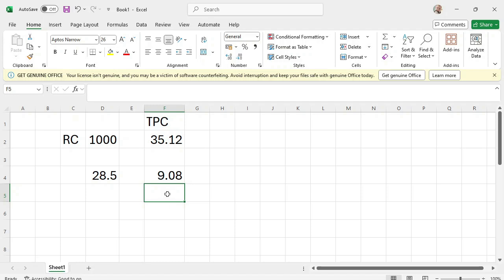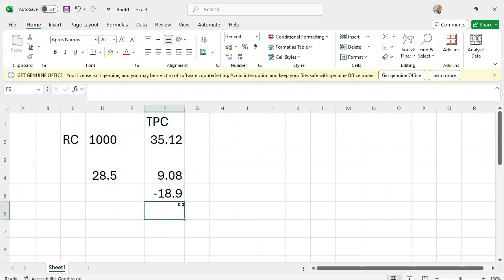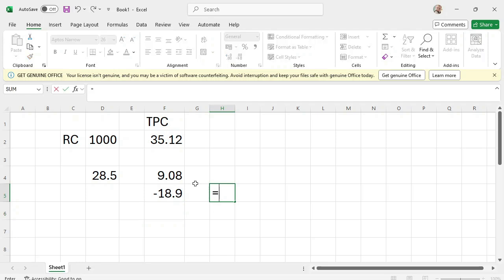Okay, say minus, let's say 28 centimeters, or minus 0.28.